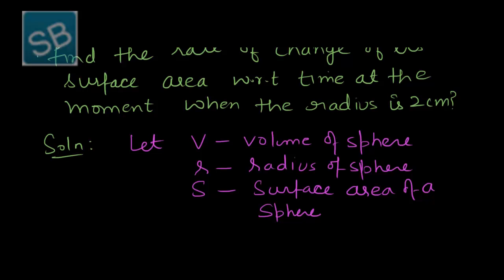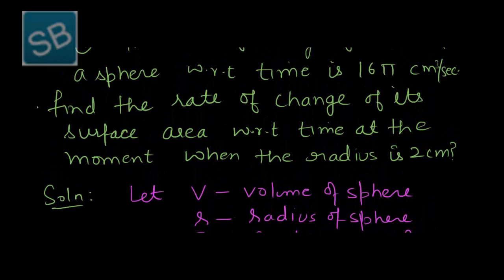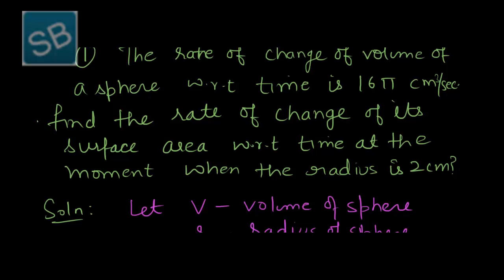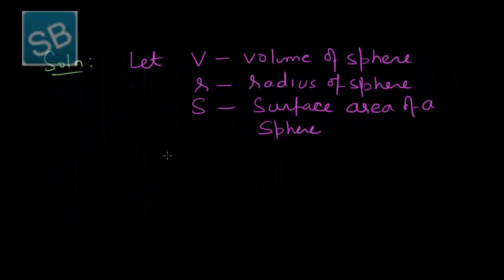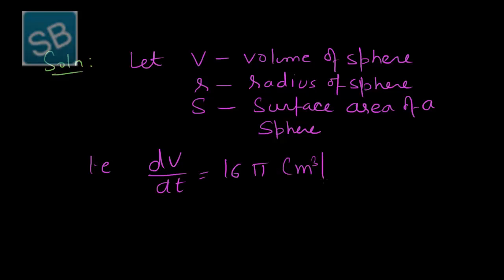So as we know that we have rate of change of volume with respect to time is 16 pi centimeter cube per second. That is dV over dt is 16 pi centimeter cube per second.